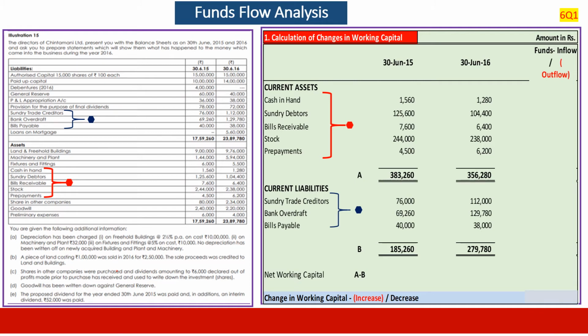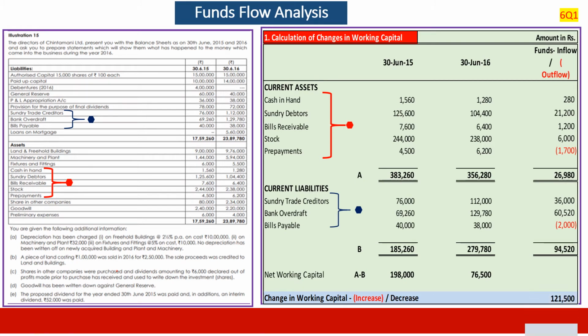Both current assets and current liabilities contribute to the current net working capital inflow. 26, 94, 198 to 76 means 1,21,500 is the source inflow, or it is the decrease in working capital. That's for statement number 1.